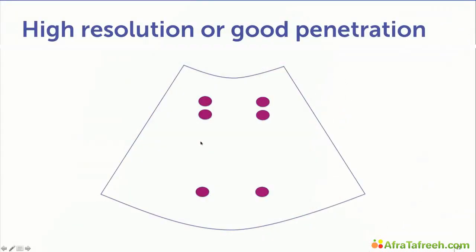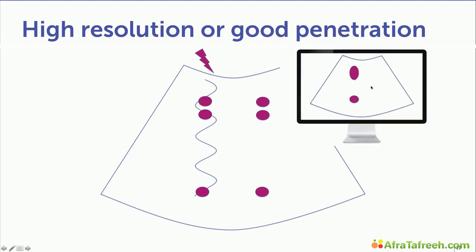We show you the features of different frequencies on this screen. There are two quite small structures located in the near field over here, and one in the far field. Using a low-frequency setting, the machine cannot distinguish the lesions and shows only one great echo in the near field, but we will be able to detect the deeper lesion because we used a lower frequency with good penetration.